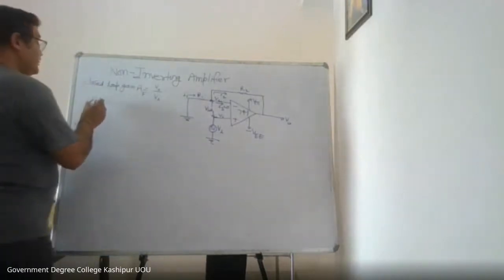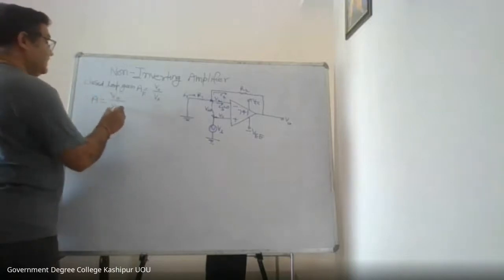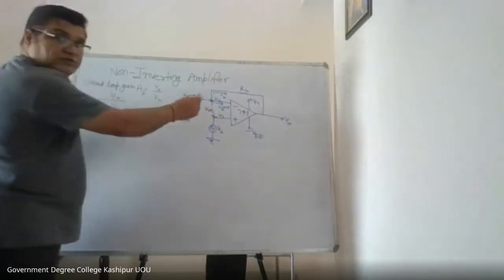Therefore, we can write this gain equal to VO upon VID, and we know VID equal to V1 minus V2.